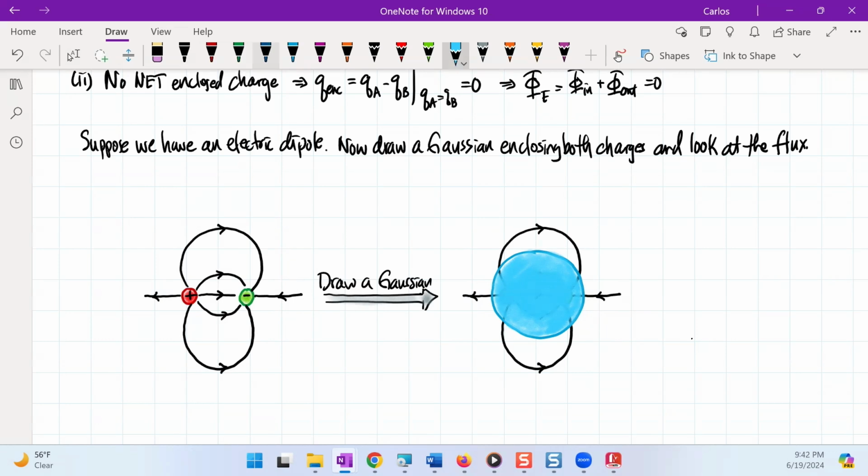So if I'm talking about a Gaussian, right here we can't see inside, but we can count field lines.